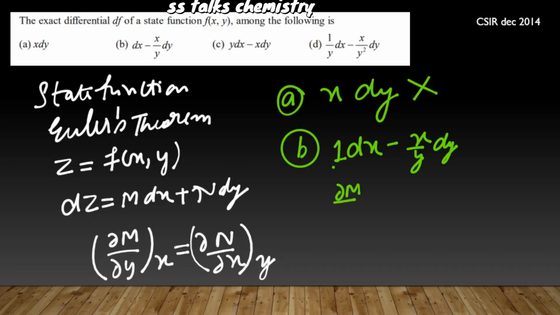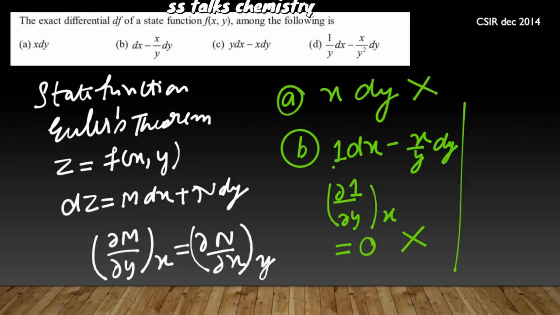So del M by del y at constant x, instead of M now we have this value 1, a constant value, so it is going to be equal to 0 only. So again Euler's theorem is not being satisfied.